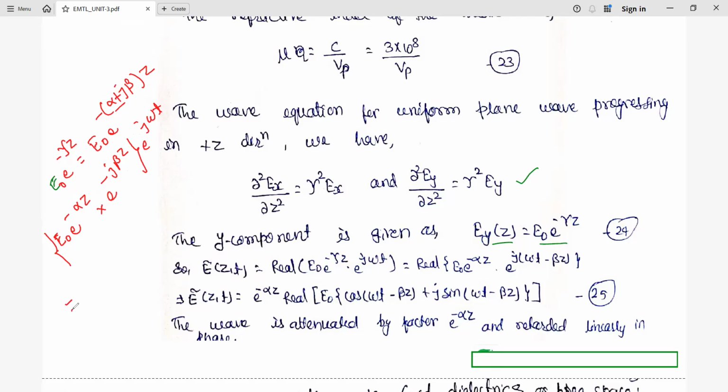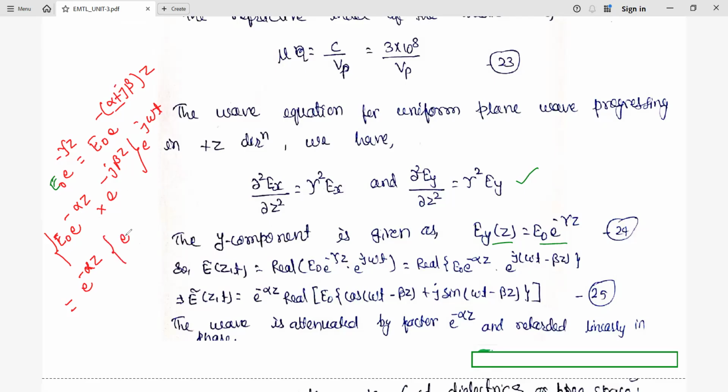So now after rearrangement, you will be able to write this expression. Okay. So here we have e to the power minus alpha z. This e to the power minus alpha z we can take outside. So then we'll have e to the power minus alpha z. This is the factor by which the wave is being attenuated.